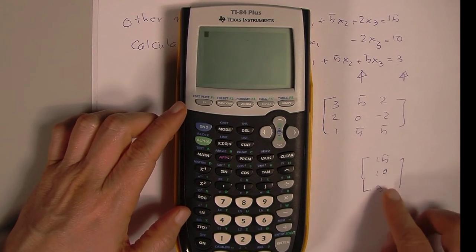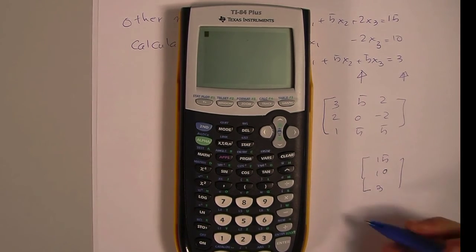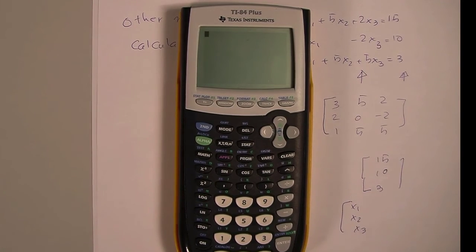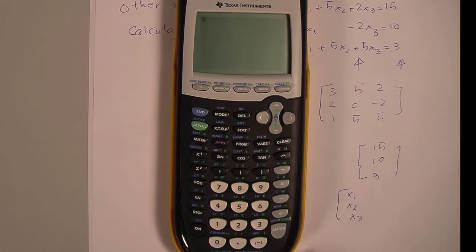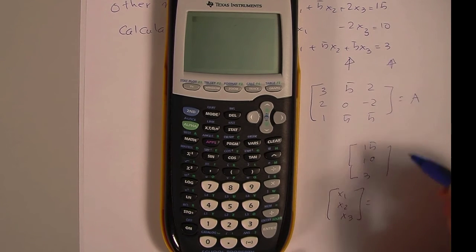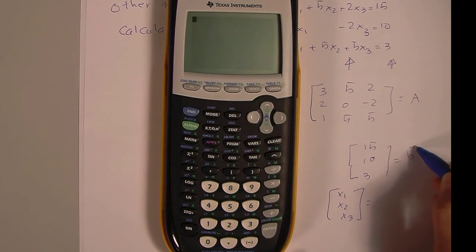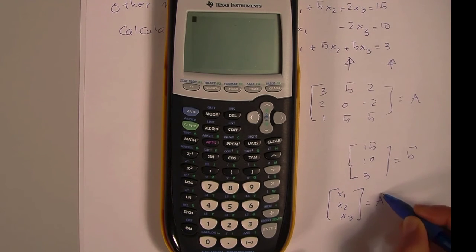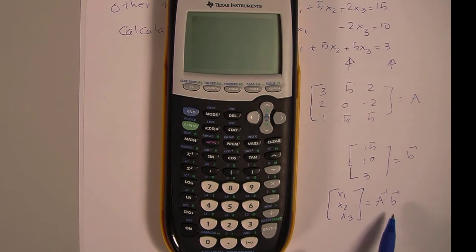Now, how I want to find x1, x2, x3 is by multiplying the inverse of the matrix of coefficients by the vector of constants.